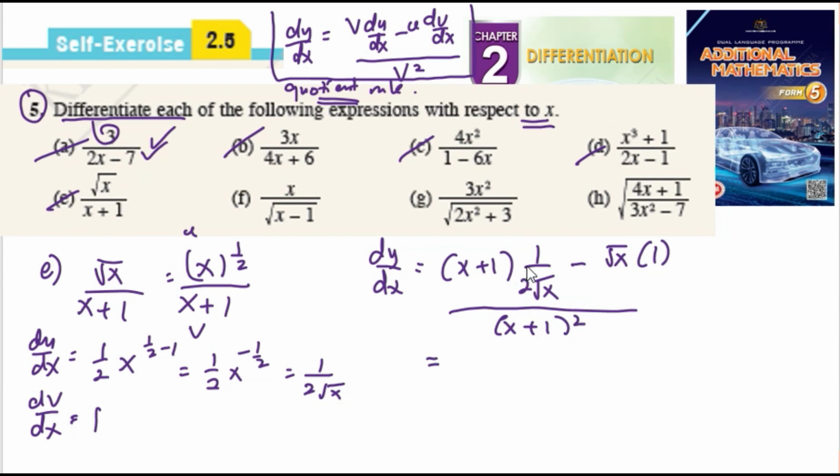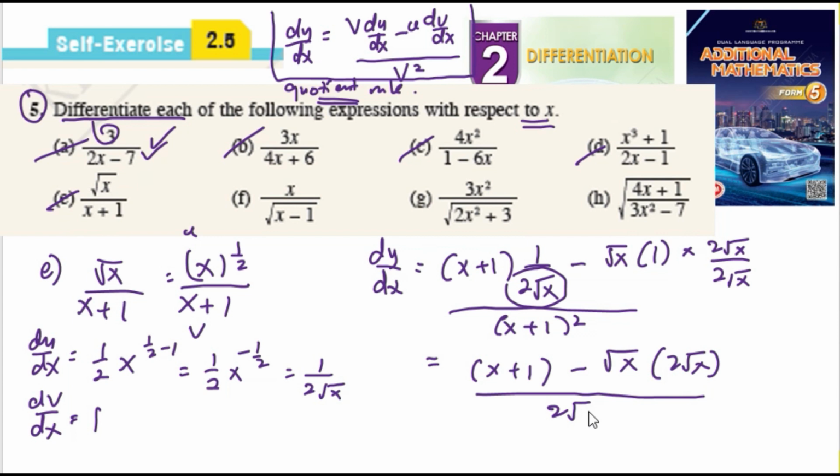So here you can see, you want to combine this equation, so you need to make the denominator equal. So this one you have to also multiply with 2 square root of x over 2 square root of x, so that you can make the denominator equal. So here you get x plus 1 times 1, you get x plus 1. So here you multiply, right? So minus, square root of x times 2 square root of x divided by 2 square root of x, divided again by x plus 1 squared.